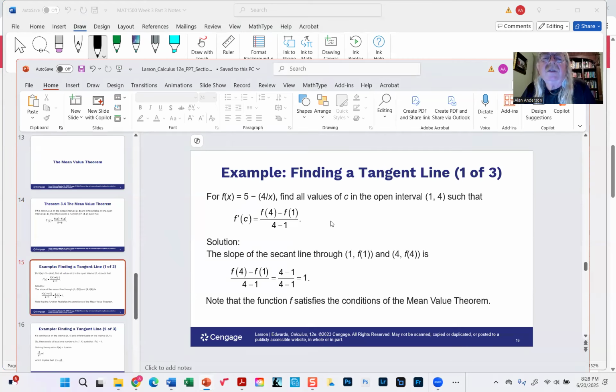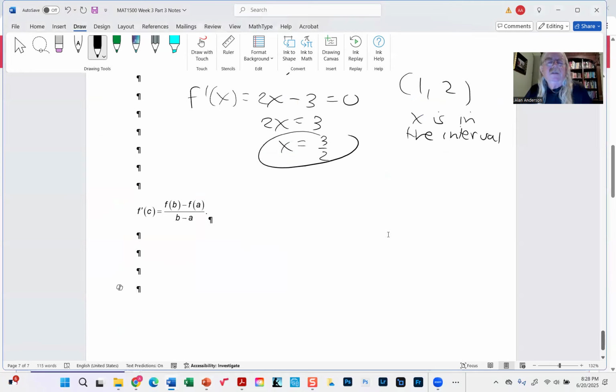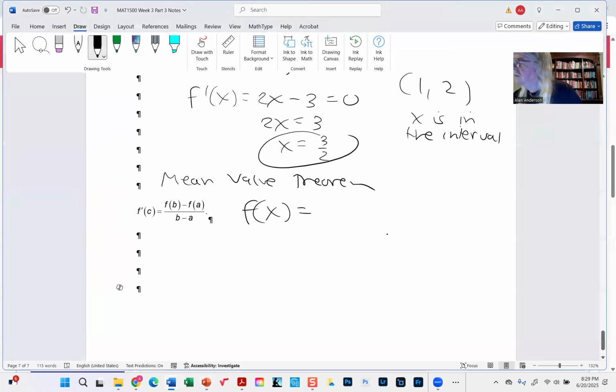So let's start with this example. f of x equals 5 minus 4 over x.